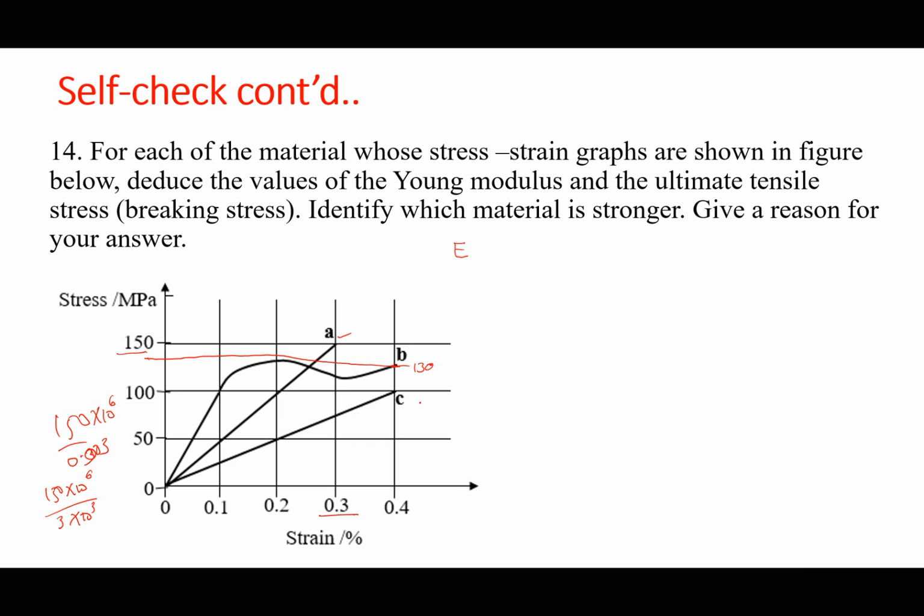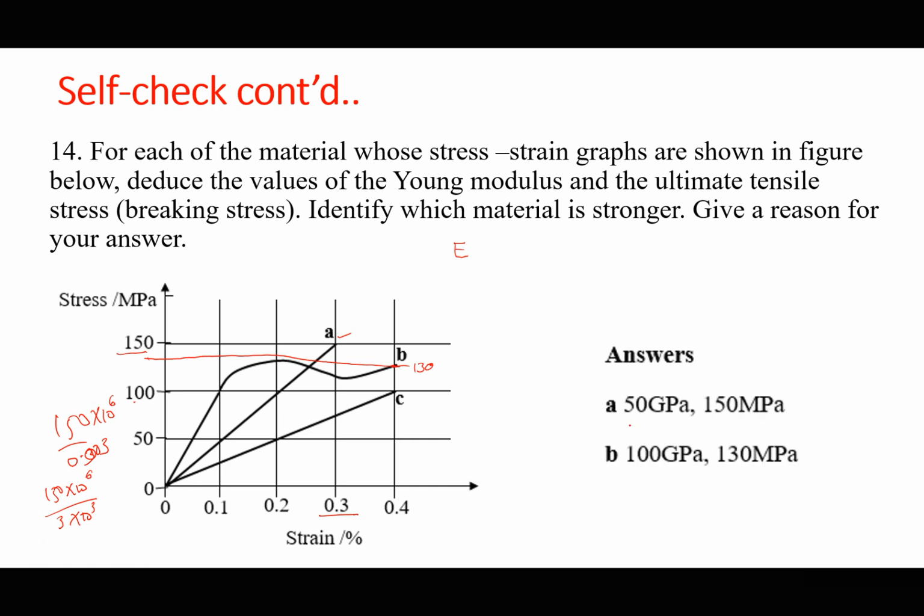Then for C, 100 divided by 0.4 is 25, which should be 25 gigapascals, and the ultimate tensile stress is going to be 100. I think those are the answers. You can verify them.